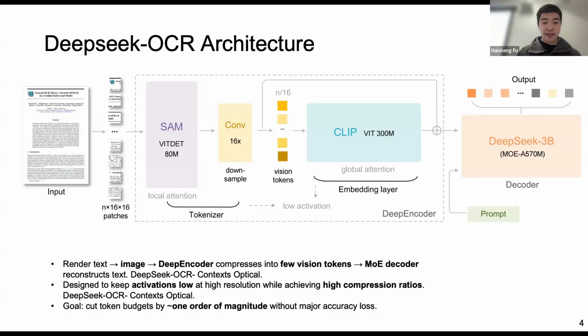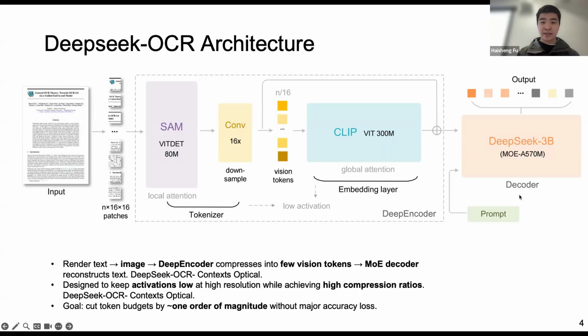And then the second is the CLIP, which has 300 million parameters. Between them is a two-layer convolution. It will downsample the inputs 16 times.